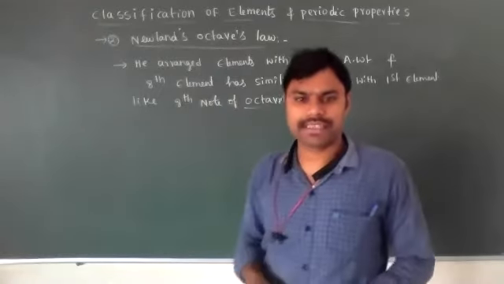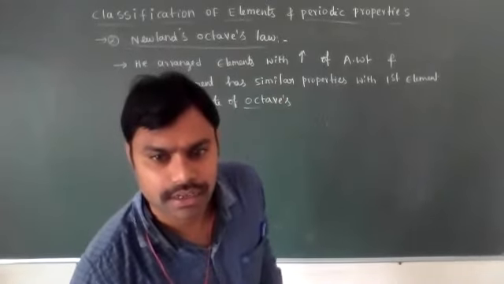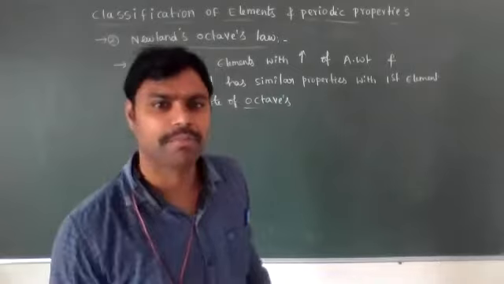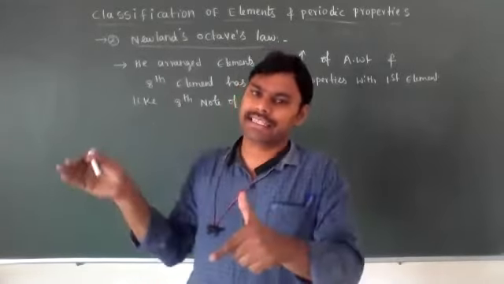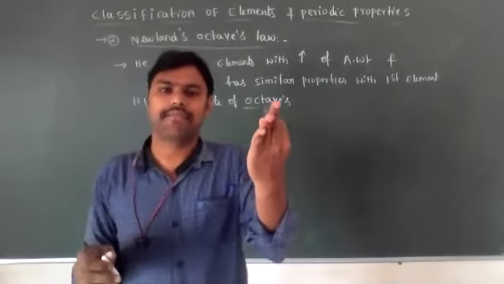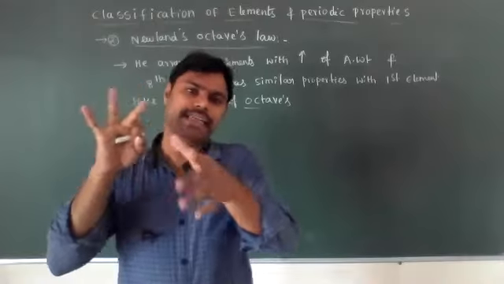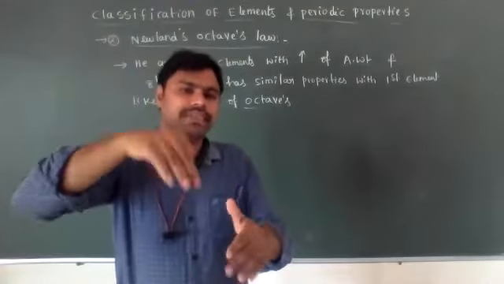Eighth note of an octave means music, we know that. Sa, re, ga, ma, pa, da, ni, sa. Sa and sa, the 1st and 8th. After the 7th, the 8th one is again sa.